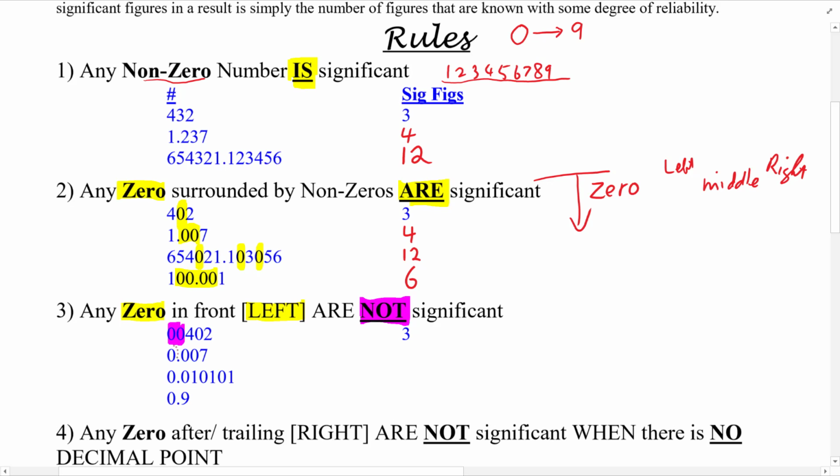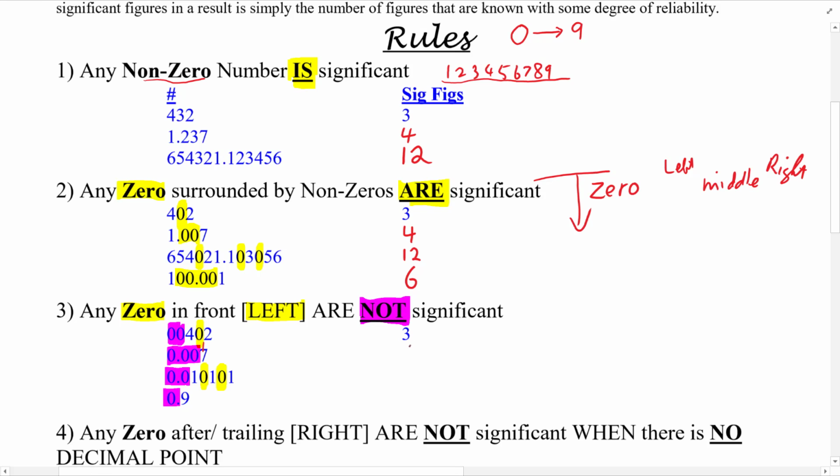Not in front of the decimal, in front of a number. So all those are in front. That one is in front. Okay? So all those are not significant. The ones in between are.